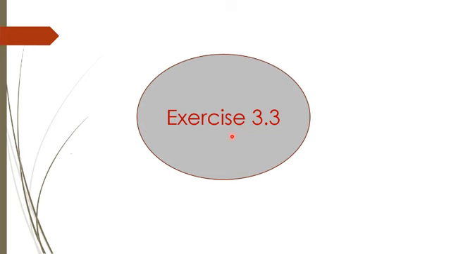Now we will move to exercise number 3.3. Question number 8, part number 1. Show that integration of dx over square root of x square minus a square is equal to natural log of x plus square root of x square minus a square plus c.